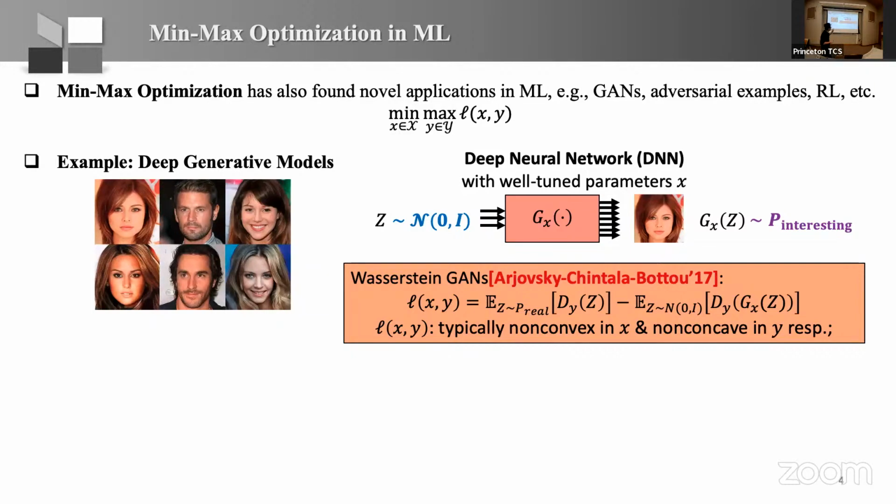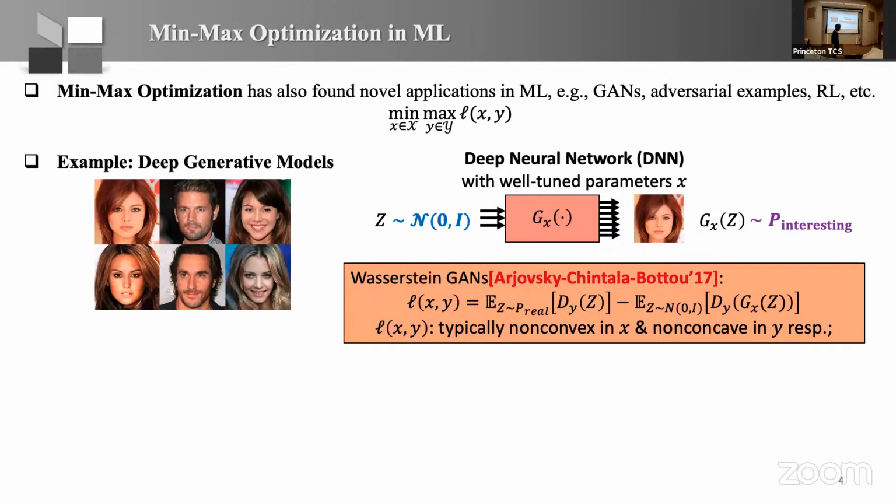The point is, you can set up a two-player zero-sum game where there's another player, which is also a neural net. This other player is called the discriminator, and the discriminator's goal is to distinguish whether a sample is from the real distribution or from the generator. And the generator is trying to fool the discriminator.